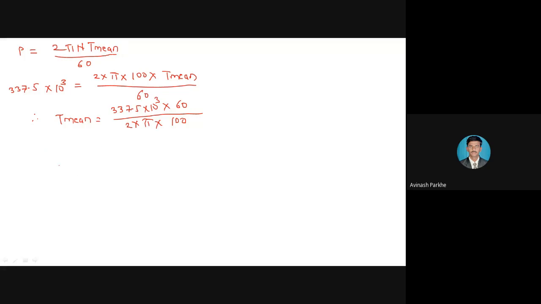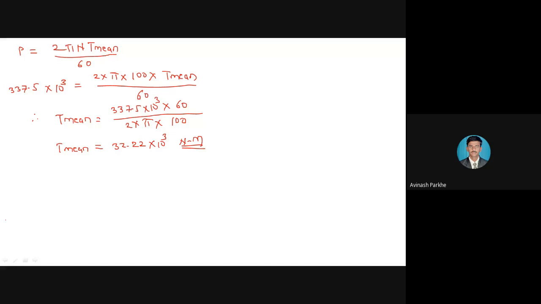What is the value of T mean? T mean is equal to 32.22 into 10 raised to 3. This value will be in Newton meter only. Please keep that in mind.